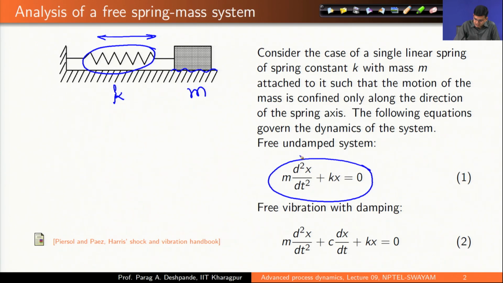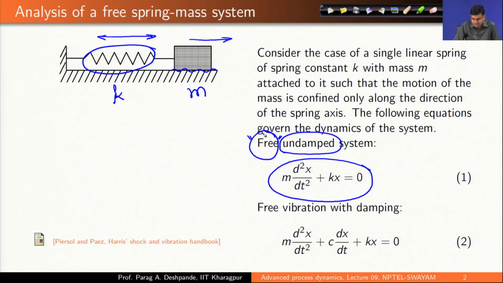Well, I will let you know what is the meaning of undamped, it will become clear a little later, but the meaning of free is that if I give a displacement to the mass in one particular direction and I leave the system to equilibrate, then after leaving the system to equilibrate, I am not providing the system with any external force. So, that is why it is called free.